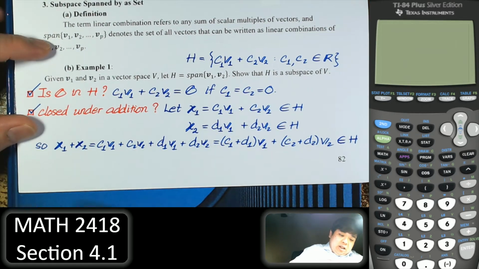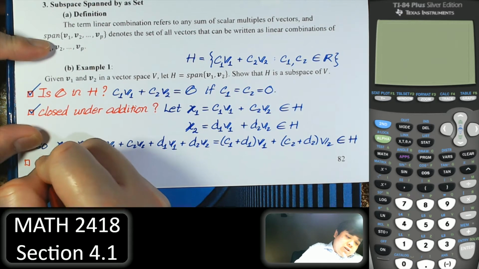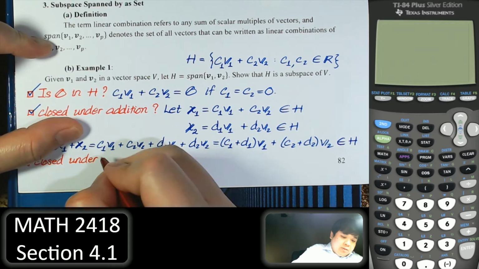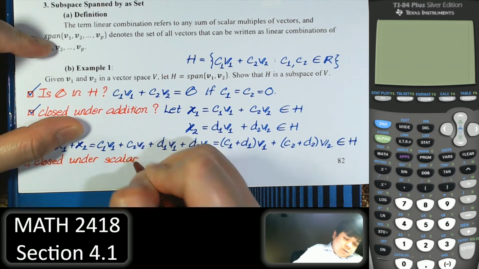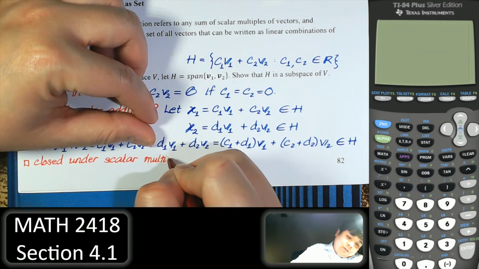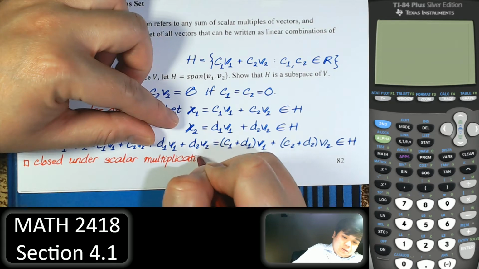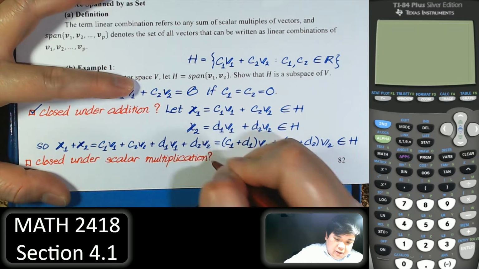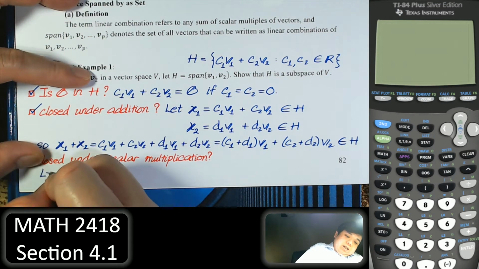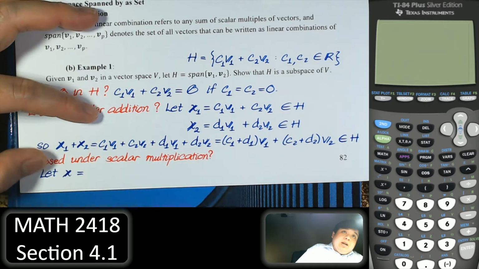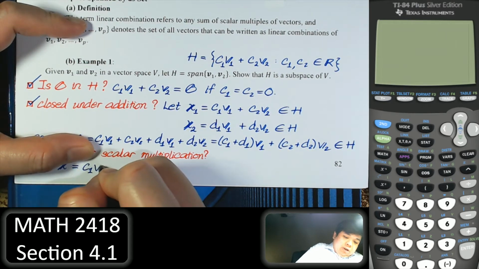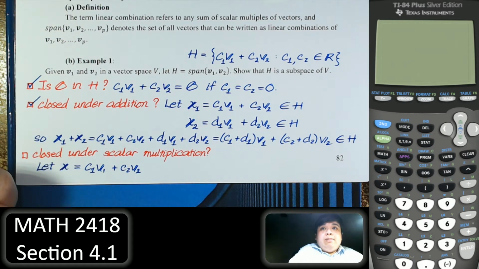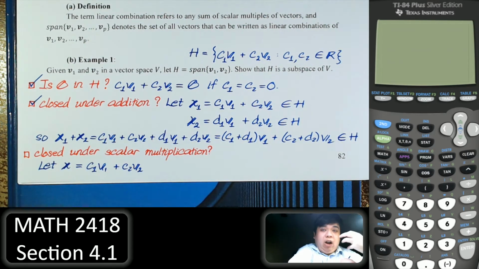And the next one is, is it closed under scalar multiplication? Right, so let x be c1 v1 plus c2 v2. So that is an element of H, a linear combination of v1 and v2.